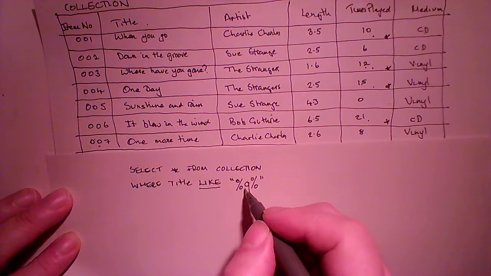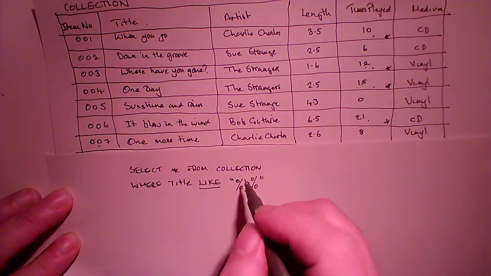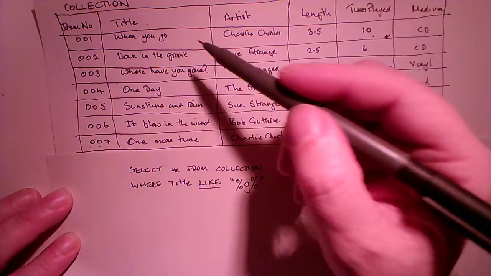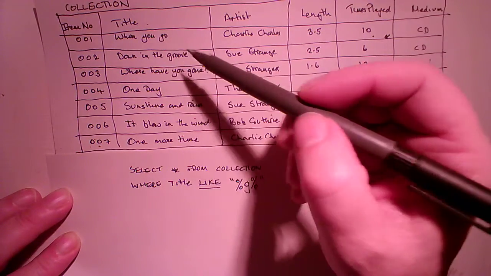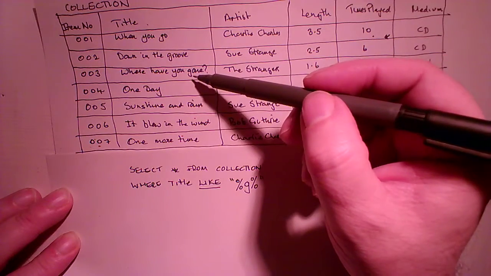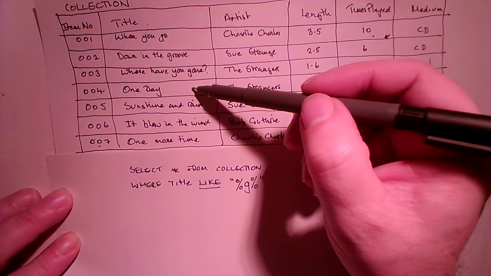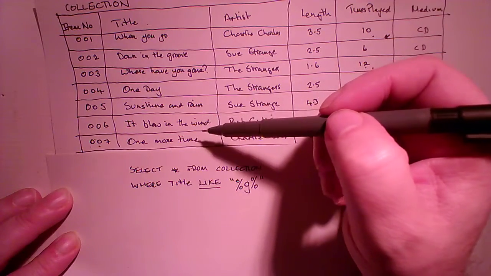I don't care what comes before, I don't care what comes afterwards, it must have a G in it. So that would pick up record 001 because it's got go. Pick up this one because it's got groove. Pick up this one, gone.